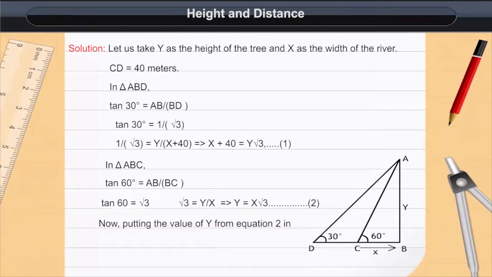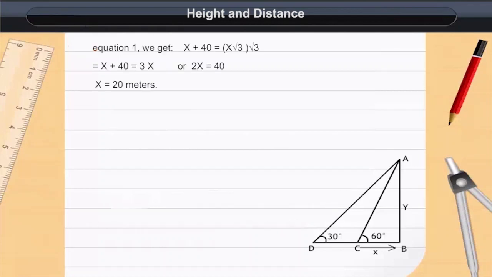Now, putting the value of y from equation 2 in equation 1, we get x plus 40 is equal to x square root 3 multiplied by square root 3, which is equal to 3x, or 2x is equal to 40, which means that x is equal to 20 meters.